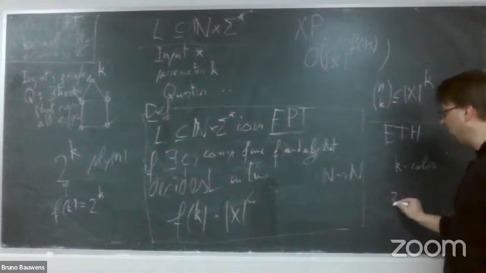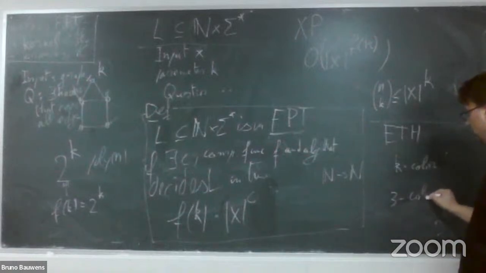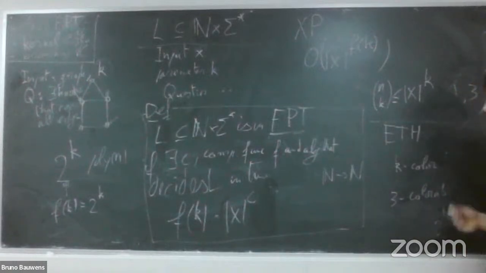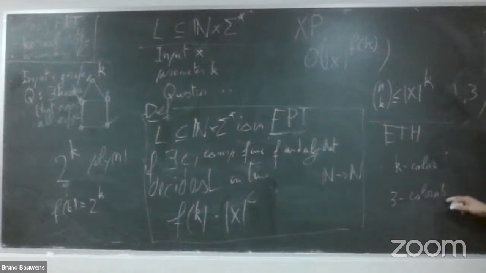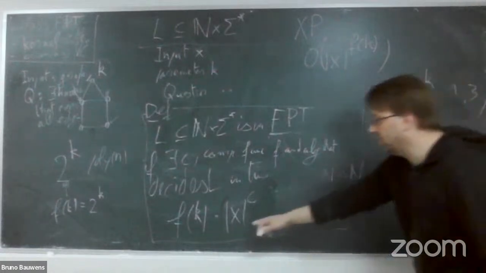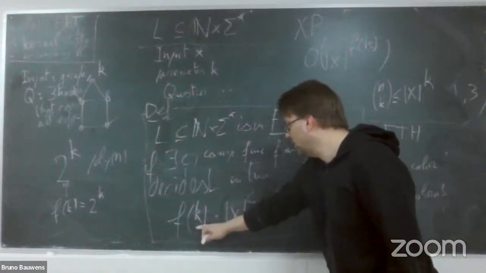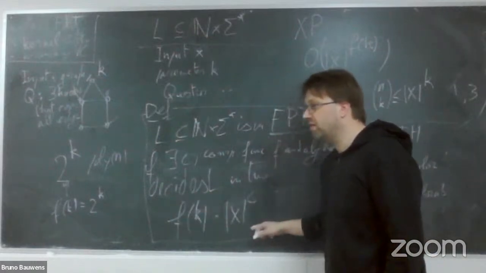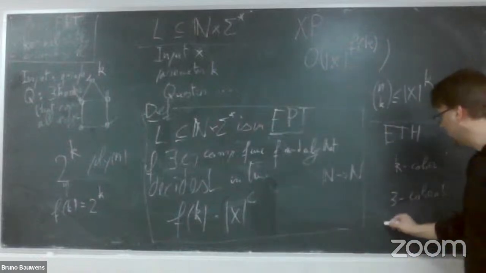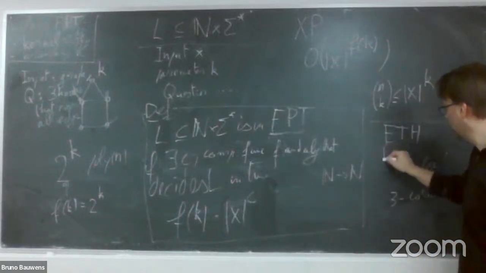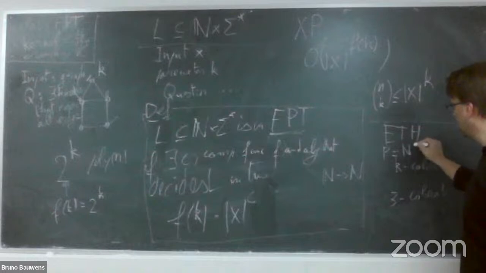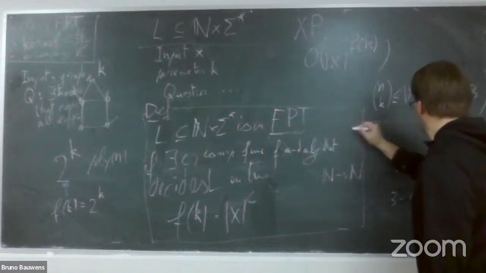Yes, 3-colorability is NP complete. So assuming P doesn't equal NP, we know that we cannot have this runtime, because if we set K equal to 3, it would be a polynomial.